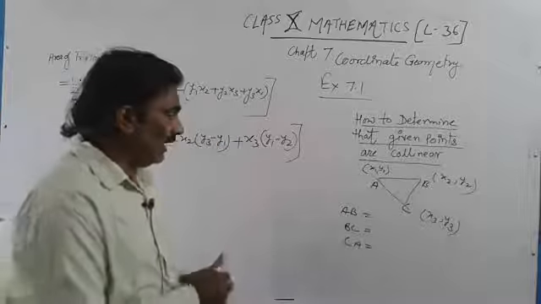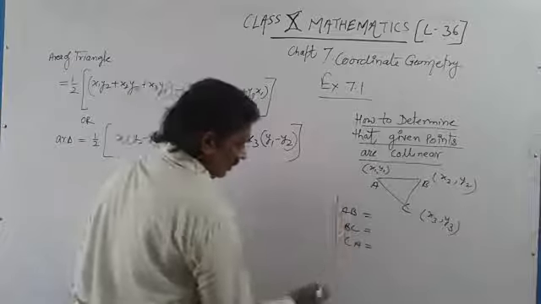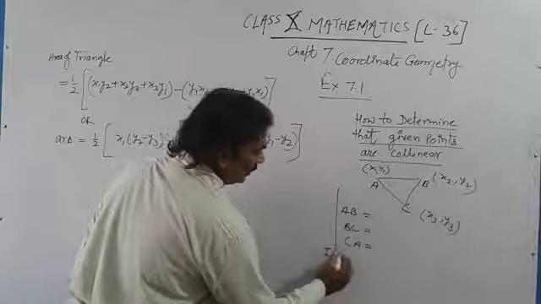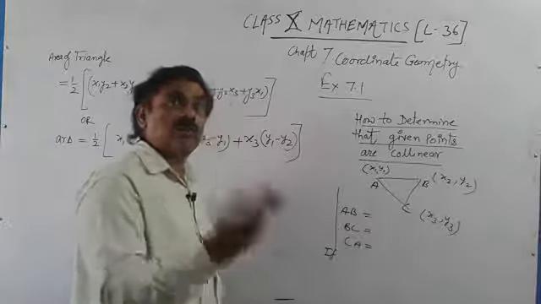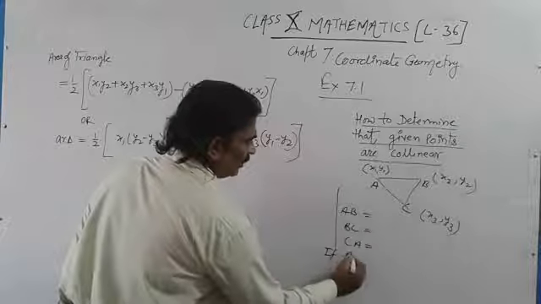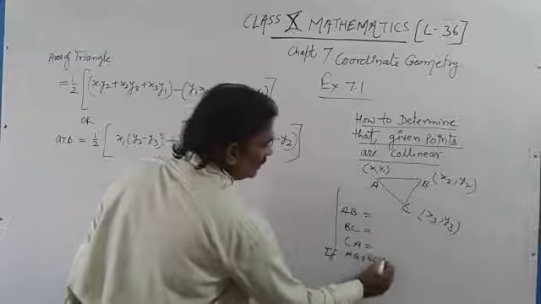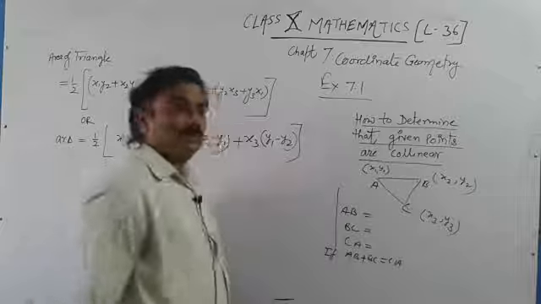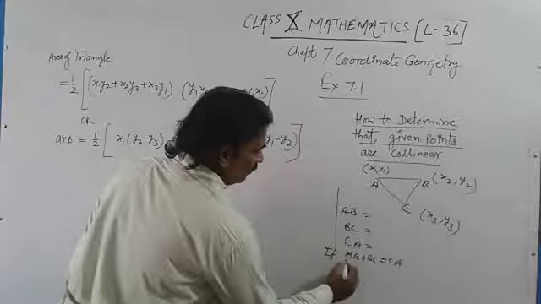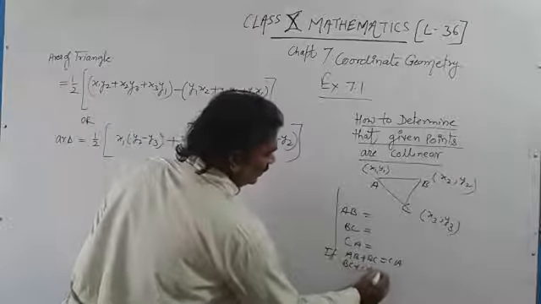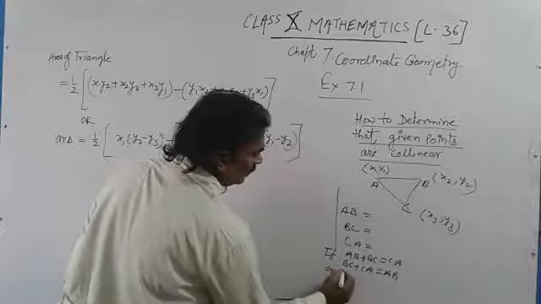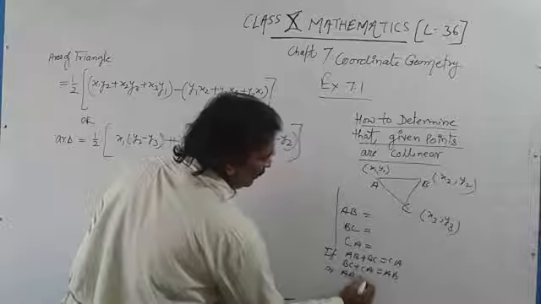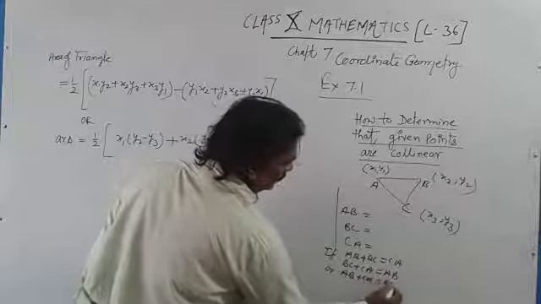Okay students, and you will see that if the sum of two sides is equal to the third side, means if AB plus BC is equal to CA, or BC plus CA is equal to AB, or AB plus CA is equal to BC.